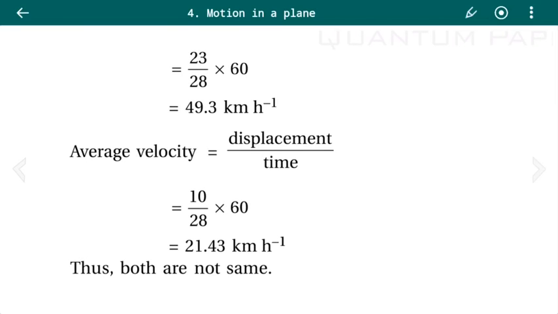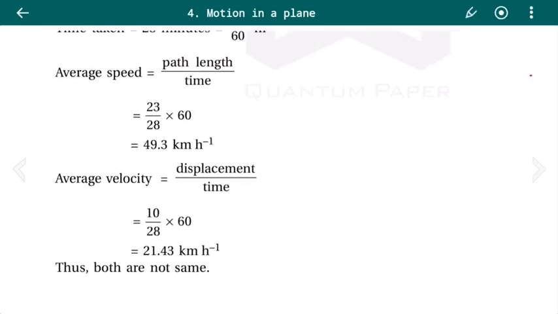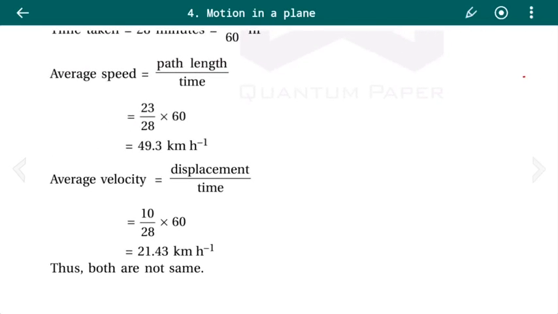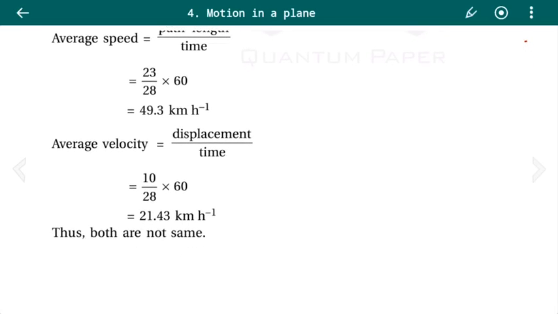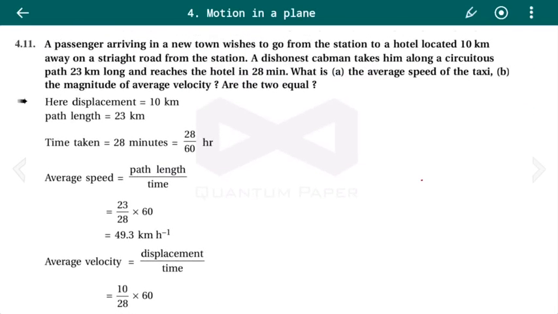So when we solve this we get 21.43 km per hour. As you can see over here, the average speed is 49.3 km per hour and average velocity is 21.43 km per hour. So both of them are not the same, thus they are not equal. So students, you may copy down this numerical.